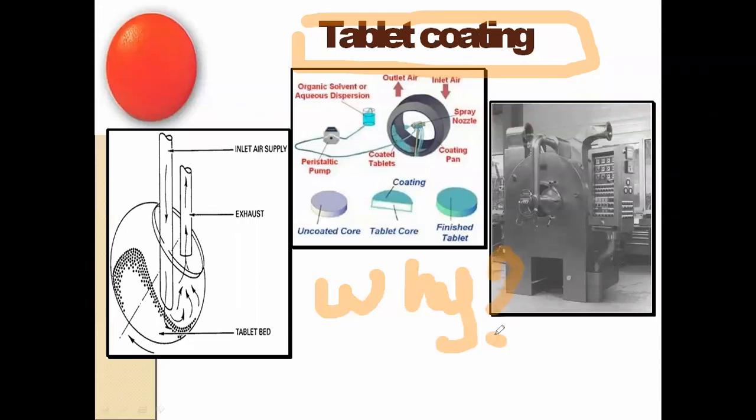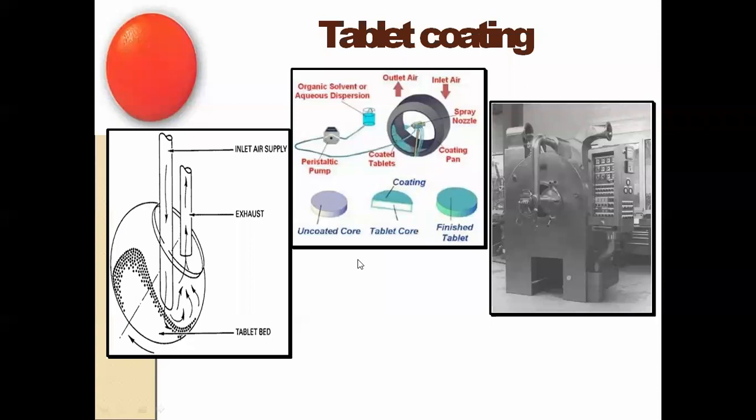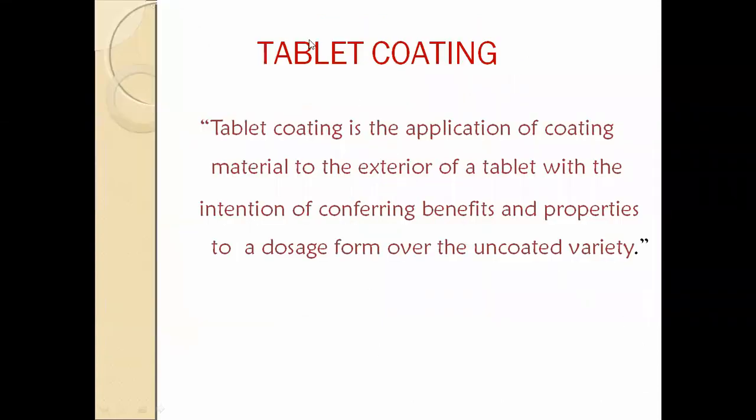Then, which are the different types of coating? Then the various coating pans which are used. How is the process of coating carried out, that we are going to see. So these are the things which we are going to see in today's session. So let's start with the basic definition of tablet coating.